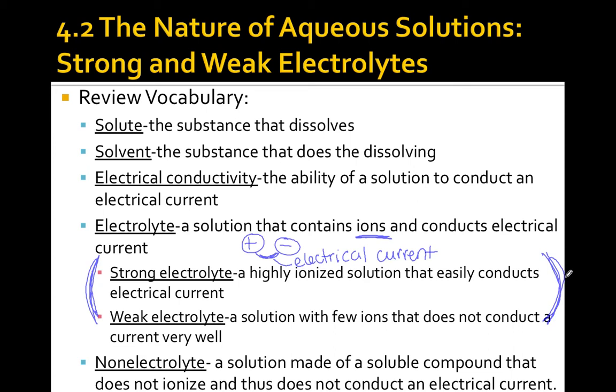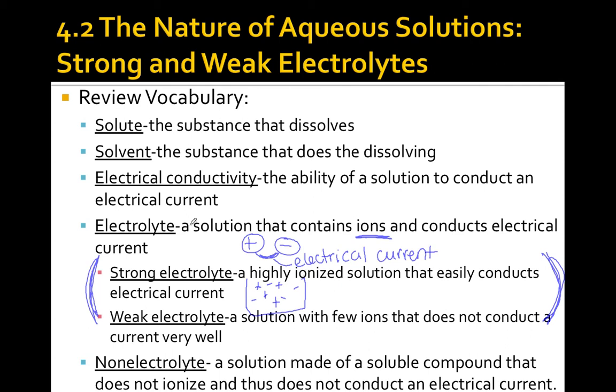So this solution is time after time always going to conduct electricity because there are lots of ions present in the solution. So like if this is our beaker, there's lots of ions there. A weak electrolyte is a solution with a few ions that does not conduct a current very well.